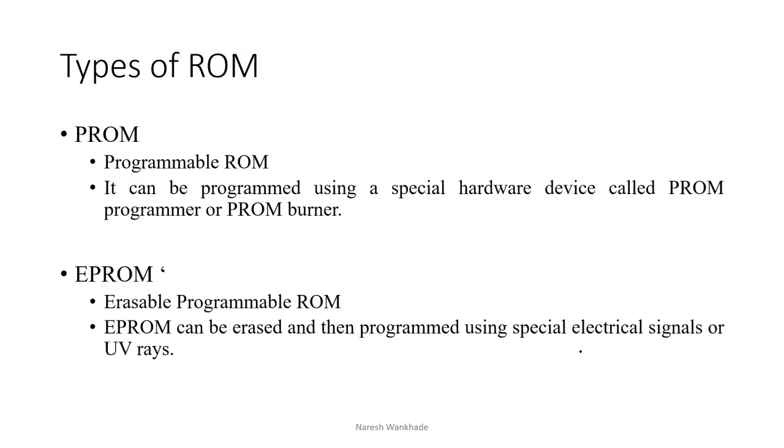There are basically two types of read-only memory. The first one is the PROM, known as programmable read-only memory, and the second one is the EPROM, known as erasable programmable ROM. Programmable ROM can be programmed using a special hardware device known as a PROM programmer or PROM burner.